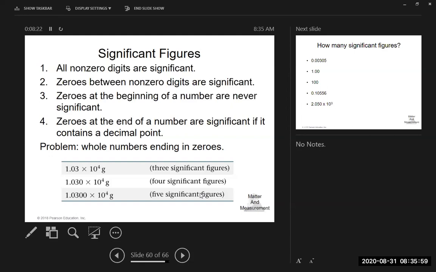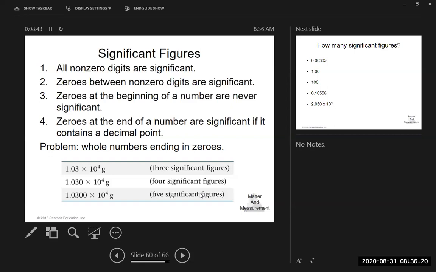So both of those zeros at the end are significant in this case. And we can reflect that easily by using scientific notation. So it's essentially the same number in each case, right? It's 1.03, but we have some of those zeros on there.